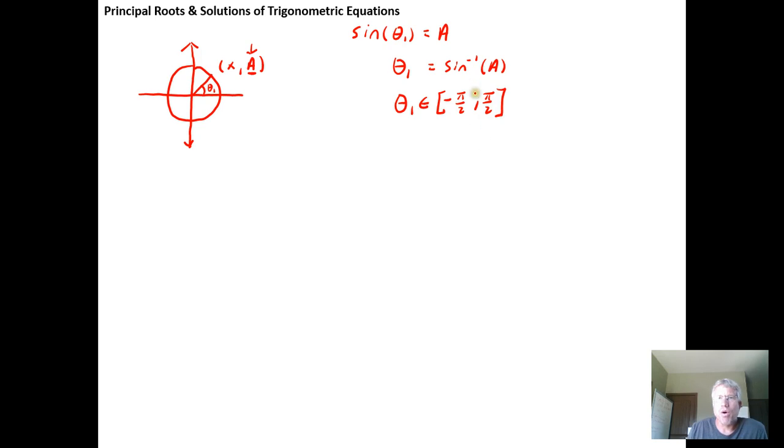But if I want all possible solutions, I need to get all coterminal angles.